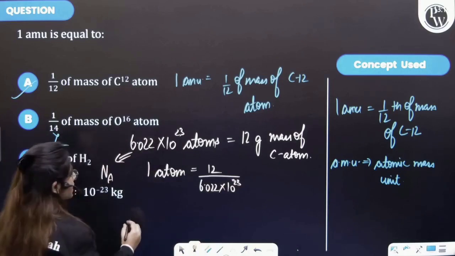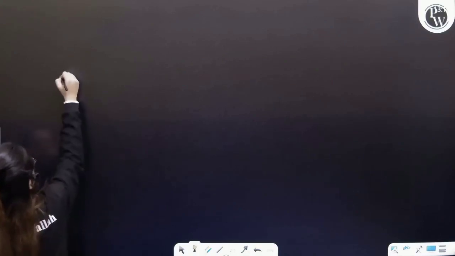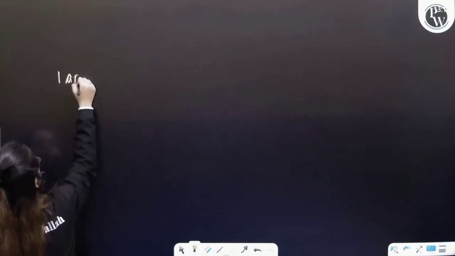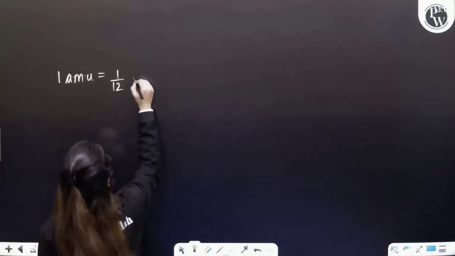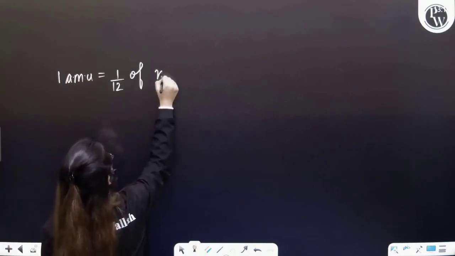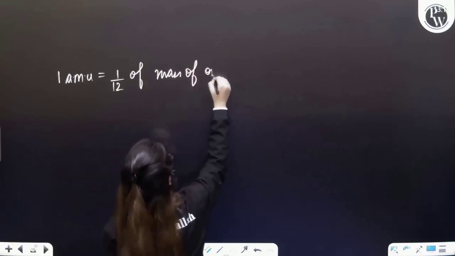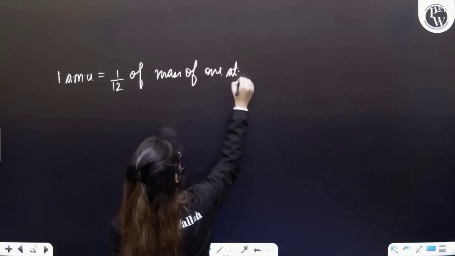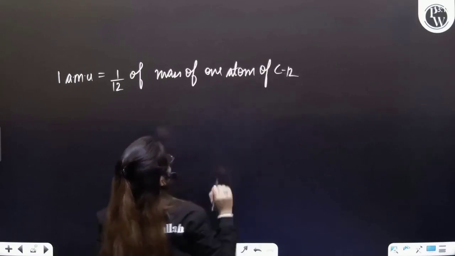And I know this thing, कि 1 AMU is equal to 1/12 of mass of one atom of carbon 12, right?